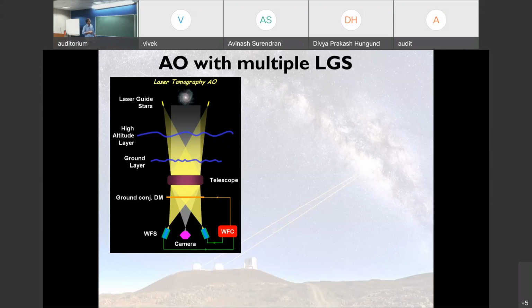But in addition to that, we illuminate the region around the science object, usually a few arc seconds. In the case of KAPA, it's about 7.6 arc seconds around the science object. We illuminate the layer in a way so that we can see the edges which were not otherwise illuminated when we were using a single guide star.